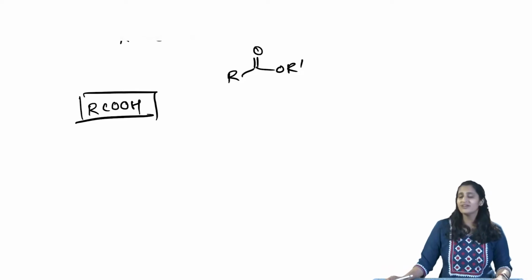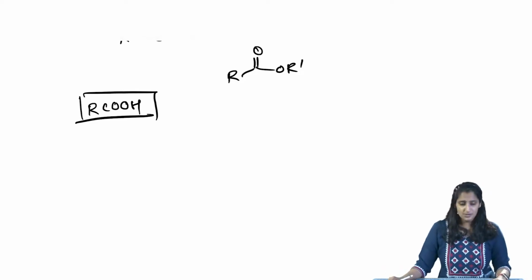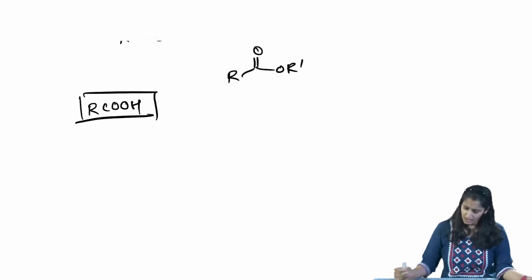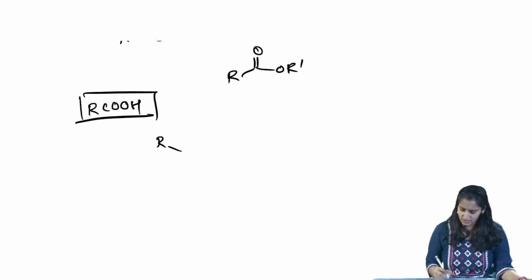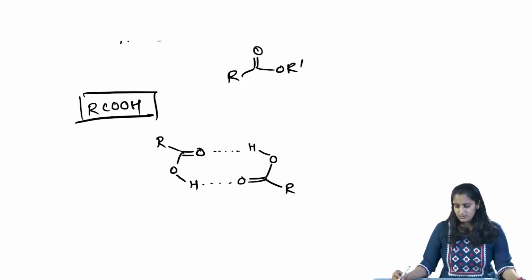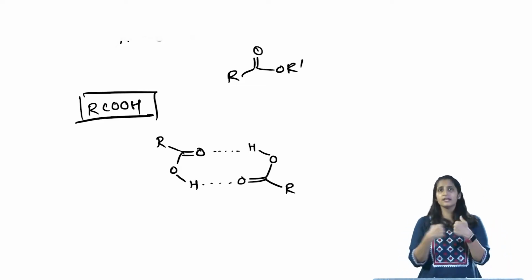Other than that, there are various other physical properties that we should know. So, carboxylic acids have really high boiling points. Why is that? Because remember that a carboxylic acid like this is forming hydrogen bonds with another carboxylic acid molecule. And in a solution these hydrogen bonds are really held tight.